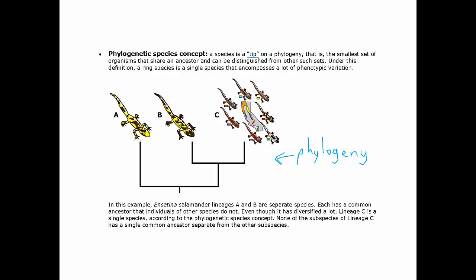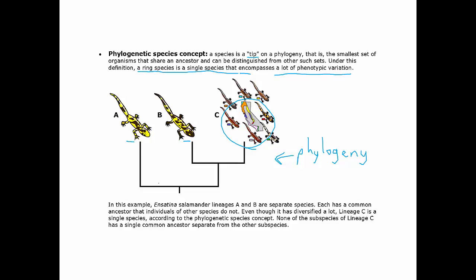Under this definition, a ring species is a single species that encompasses a lot of phenotypic variation. So that ring species that we saw before, they're all one species. And this guy is a separate species, and this guy is a separate species.